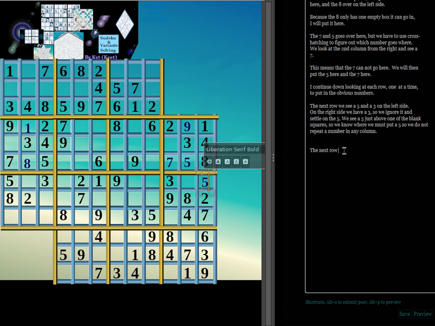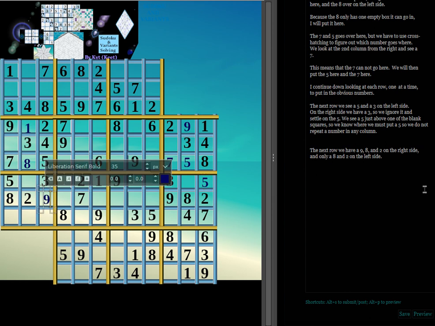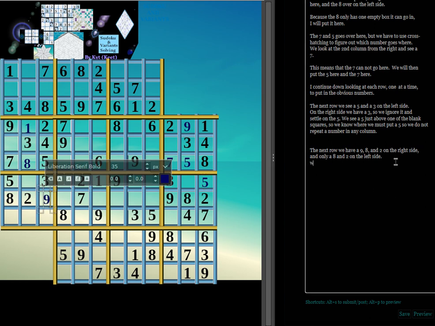The next row, we have a 9, 8, and 2 on the right side, and only an 8 and 2 on the left side. We know that a 9 goes here.